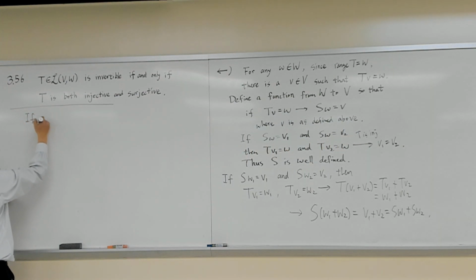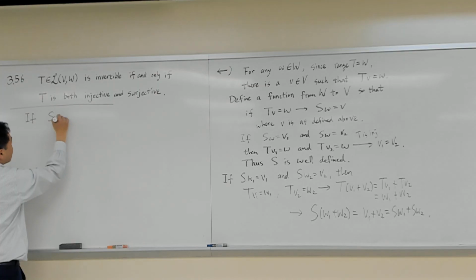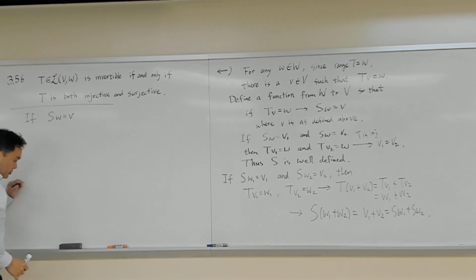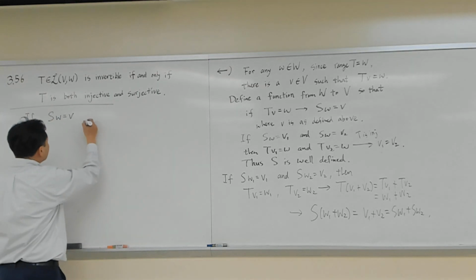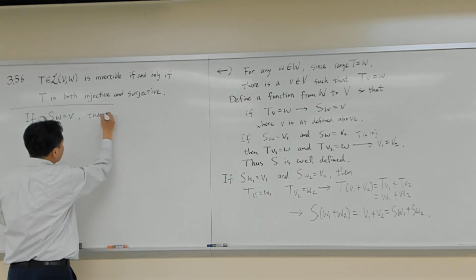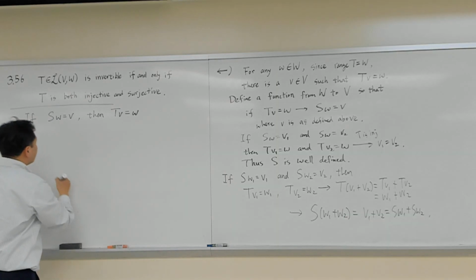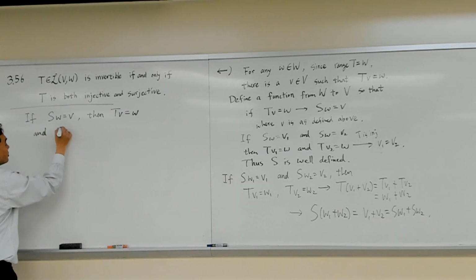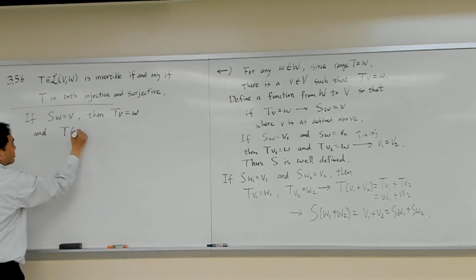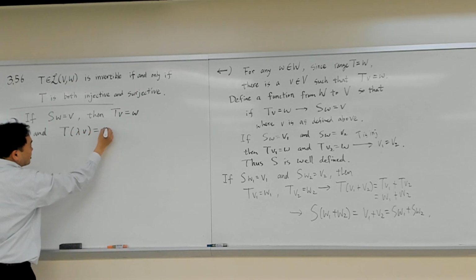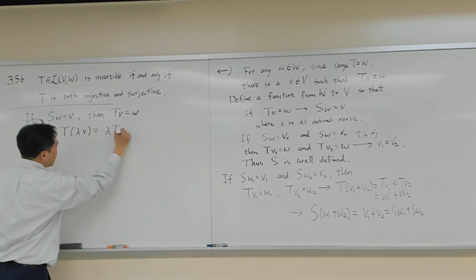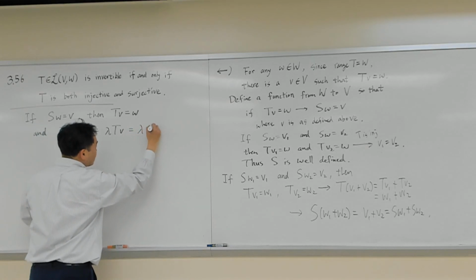If S of w is v, then T of v is w, and T of lambda times v is equal to lambda times T v, which is lambda times w.